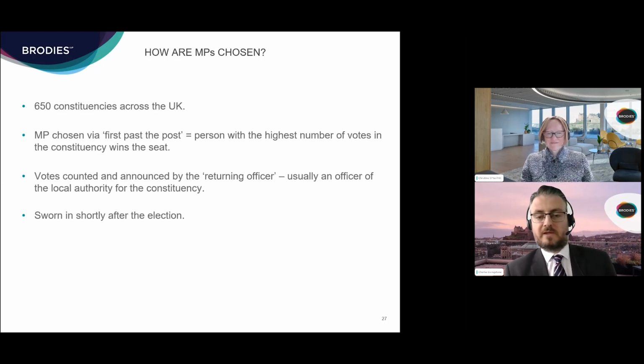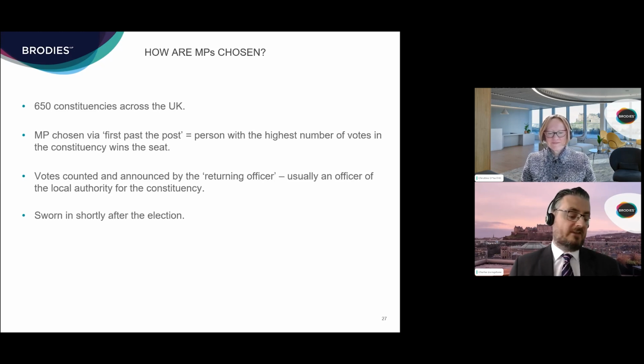In some places, the returning officer will only have one constituency. So East Renfrewshire Council, for example, overlaps entirely with the East Renfrewshire parliamentary constituency, whereas in Glasgow, you may have the same officer acting as a returning officer for all 8 Glasgow constituencies. That may be the wrong number, but it's roughly right.